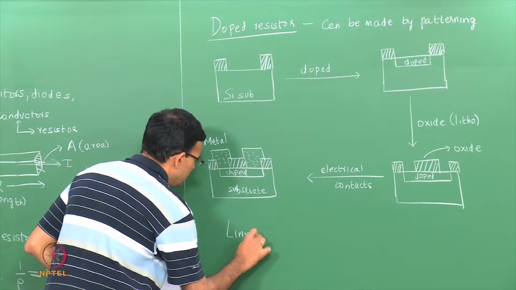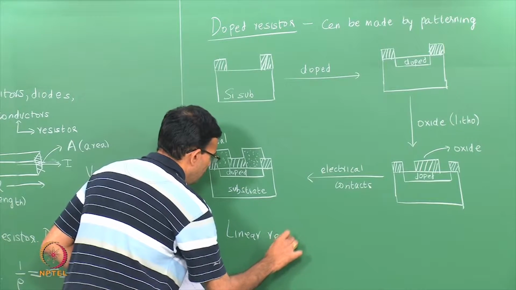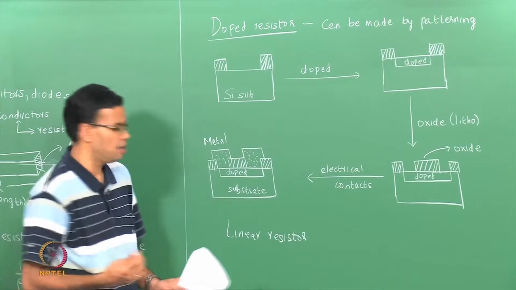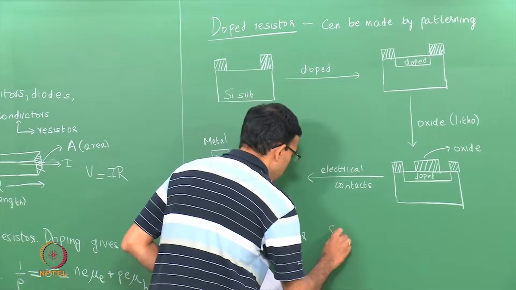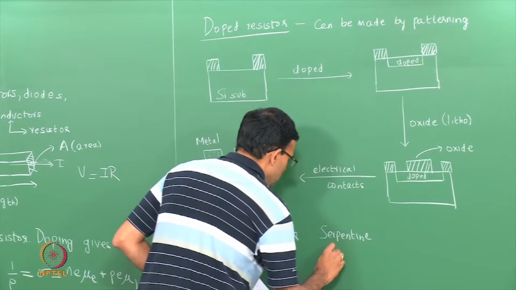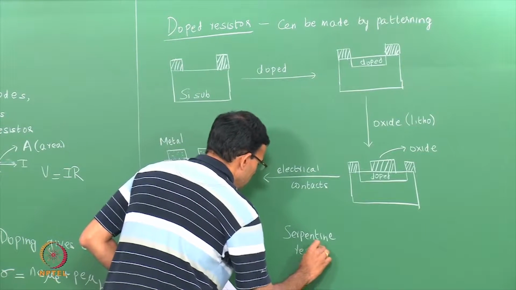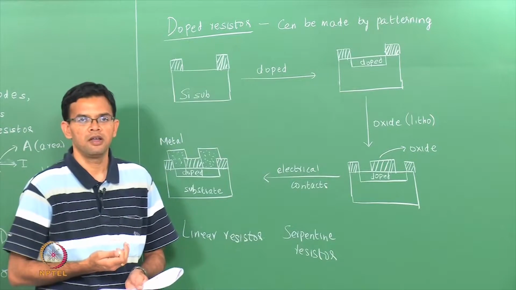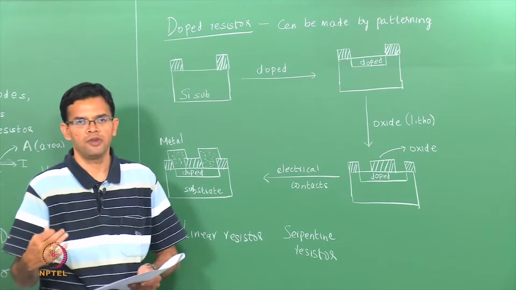So, this is an example of a linear resistor. You could also make a serpentine resistor. This is again just determined by how you create the lithographic pattern.